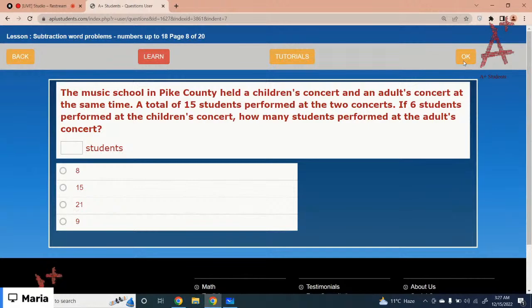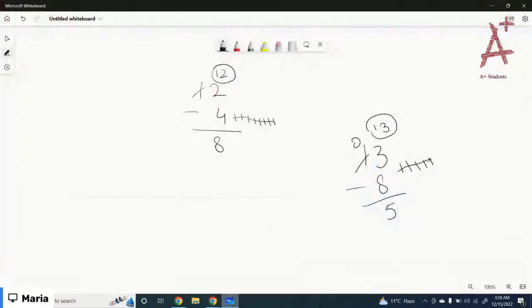And out of the 15, 6 of them performed at the children's concert. You have to calculate how many students performed in the adults concert. Got it? So basically you have to do 15 take away 6.